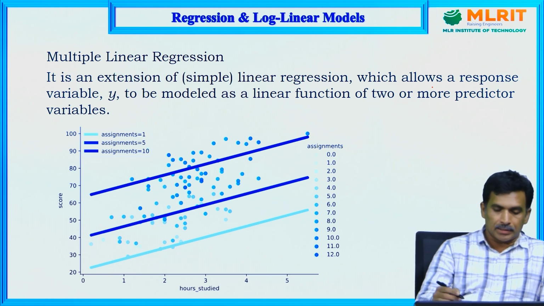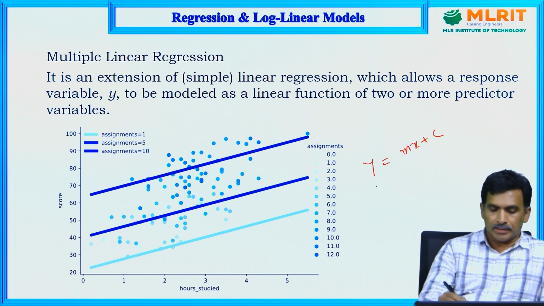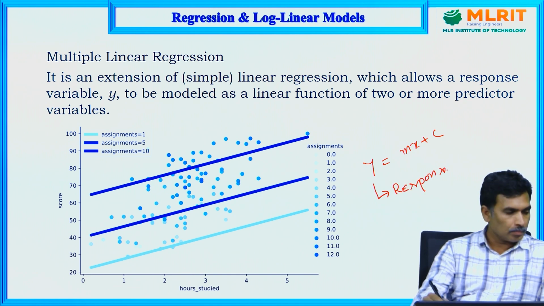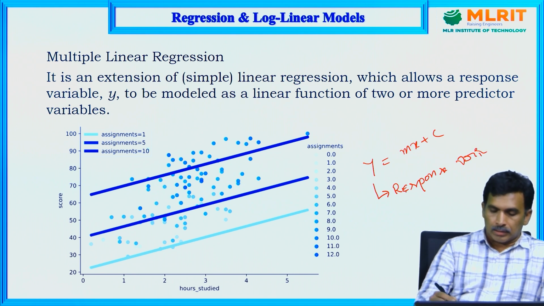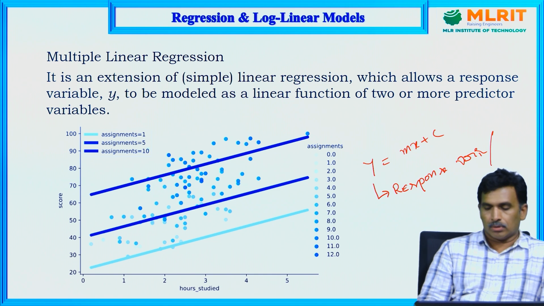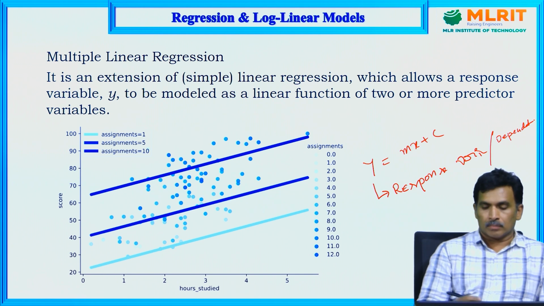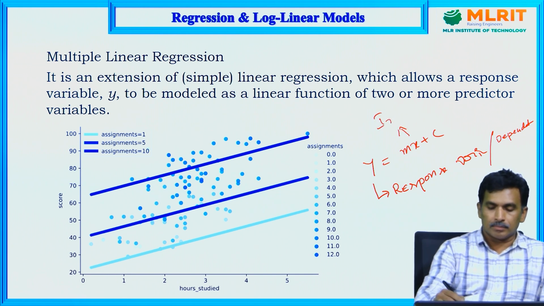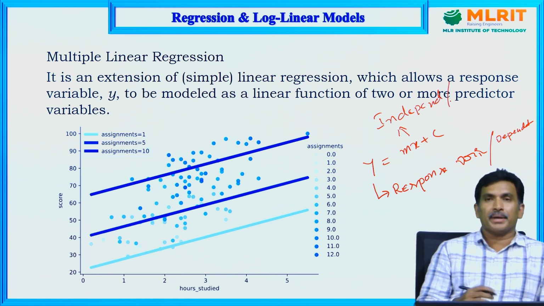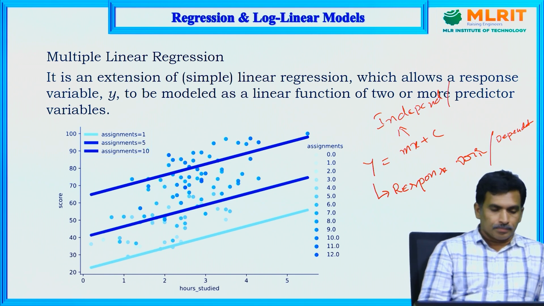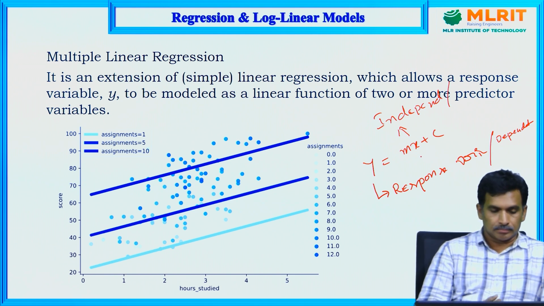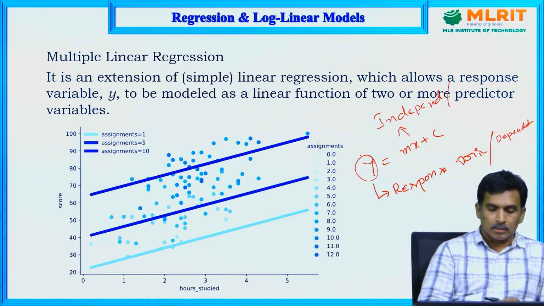In simple linear regression, the equation is y = mx + c, where y is the response variable, or the dependent variable, and x is the independent variable, also called the predictor variable. There is only one variable used to predict the response variable.